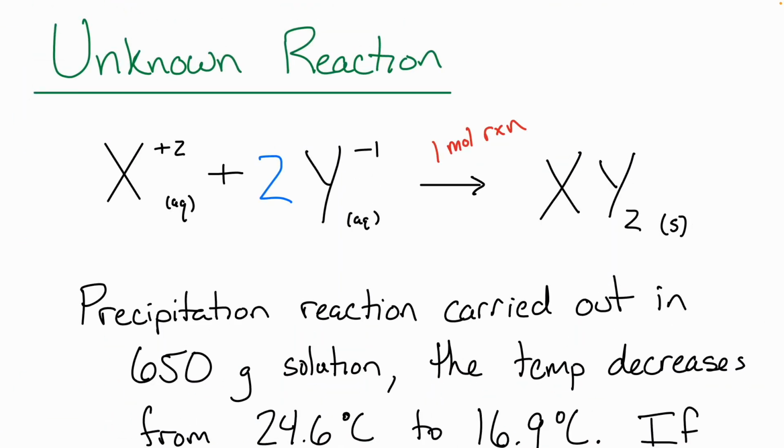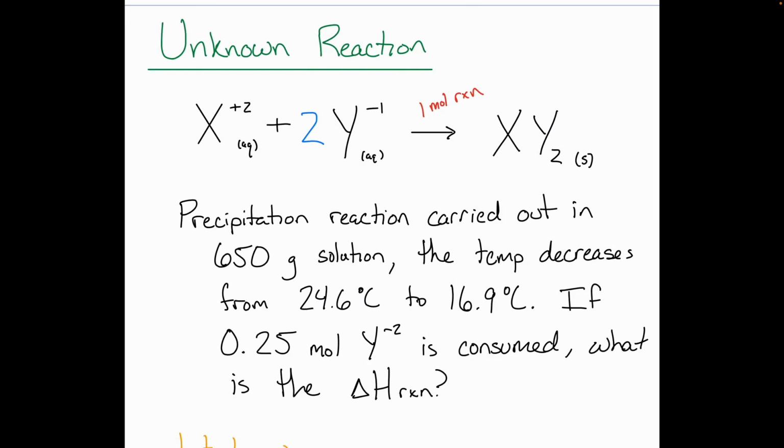So now we had an unknown reaction here. So we can't just look up these things on our standard enthalpy table and figure out what the delta H is of this reaction. Instead, we're going to do a calorimetry experiment where we take some solution and measure the change in temperature that occurs when a certain amount of this reaction occurs.